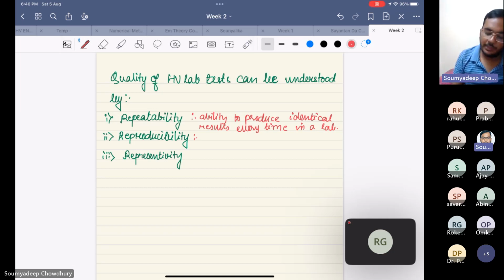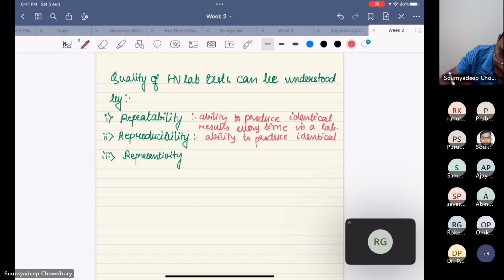So repeatability is the ability to produce identical results every time in one particular lab. And now, if you go on and perform the experiment in a different lab, that is called reproducibility. It is similar to repeatability, but it is the ability to produce identical results in any lab.